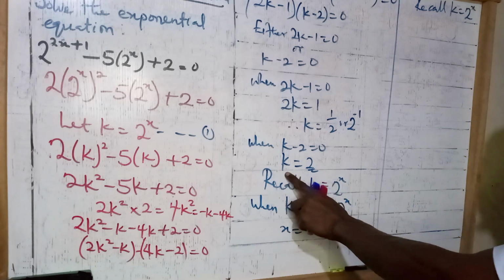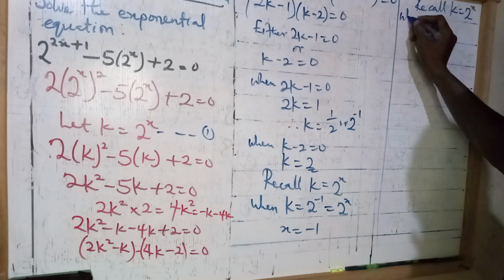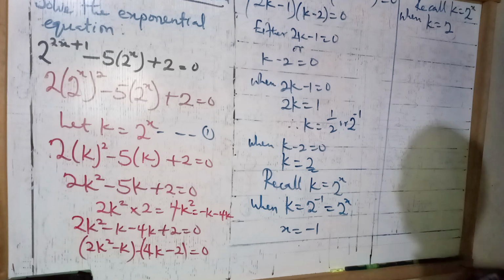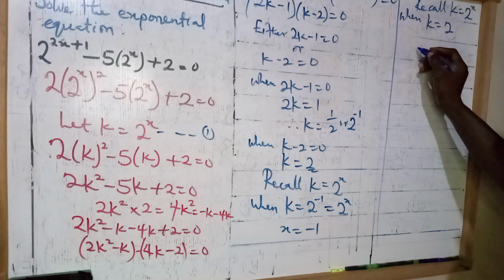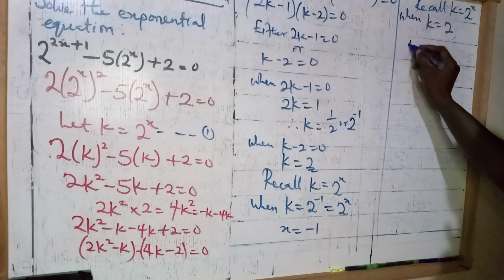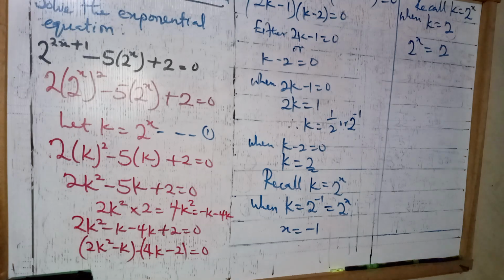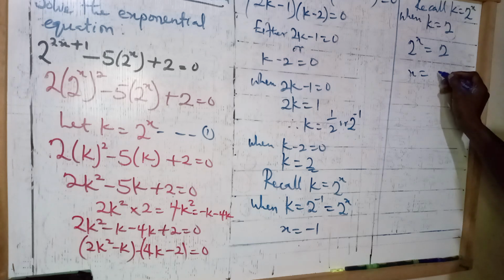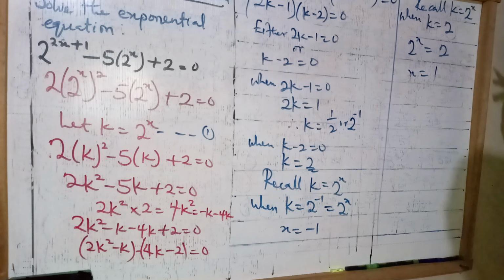So when k equals 2, then 2 raised to the power x equals 2. When we equate the bases in order to find the value of x here, then x equals 1, because this 2 is the same thing as having 2 raised to the power 1.